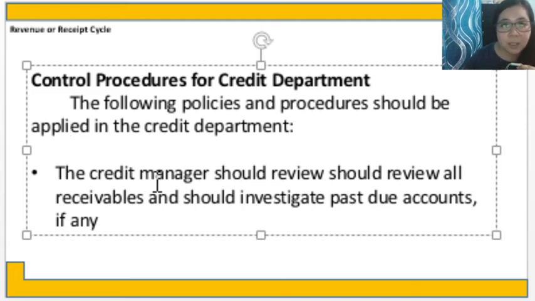Again, this is to determine any accounts receivable outstanding balance and any uncollectible or bad debts, where these accounts may be transferred into a loss or expense account because they can no longer be collected, or the status of the customer if they are still able to pay for their outstanding credit.